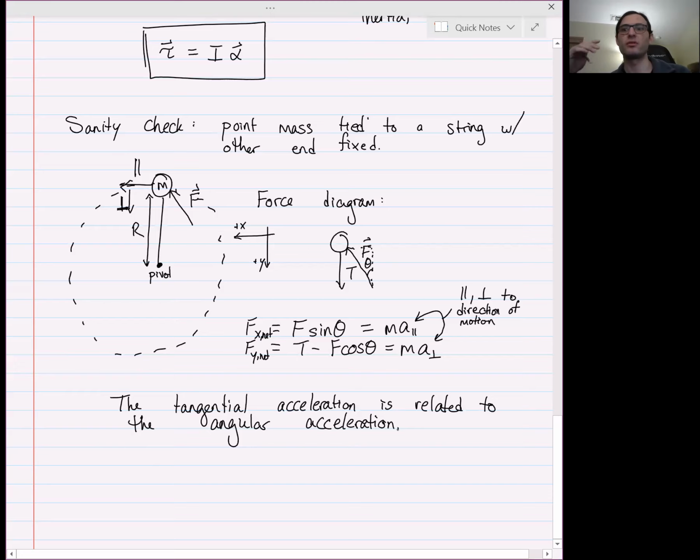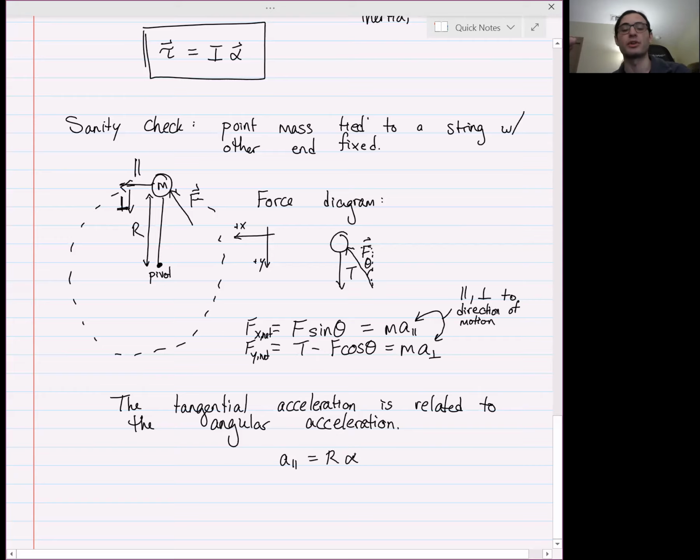Well, it would both accelerate in the tangential direction, i.e. to the left, but also its angular acceleration would be large. They're related to each other because the tangential acceleration is how the speed is changing as it goes around the circle. And so that relationship is the same relationship that we see for all of these rotational translational relationships. In particular, the tangential acceleration, the parallel acceleration, is just r times the angular acceleration.